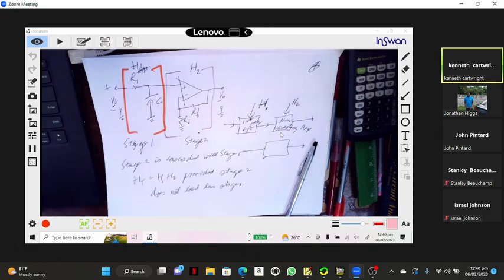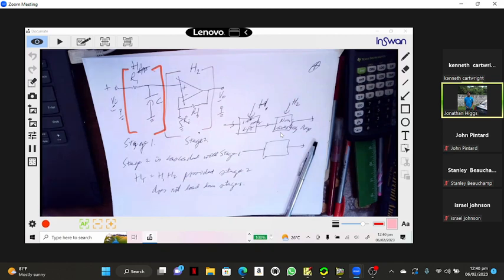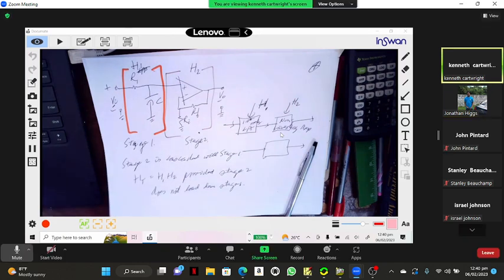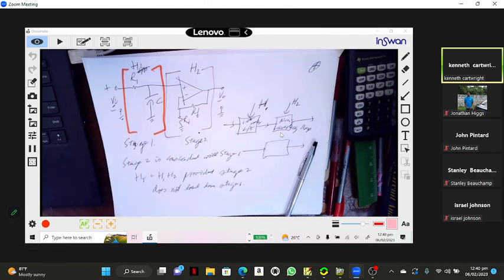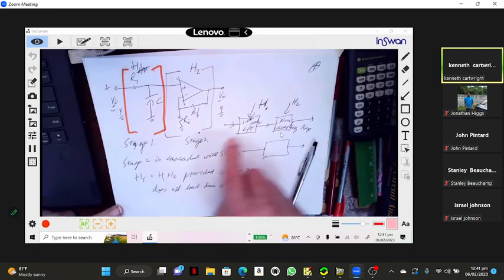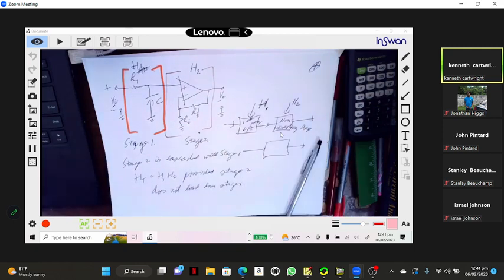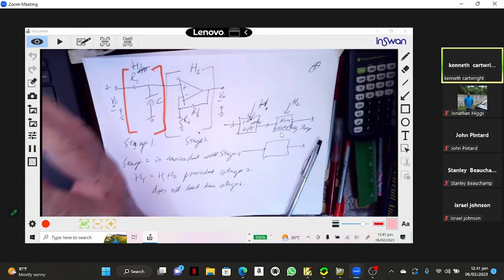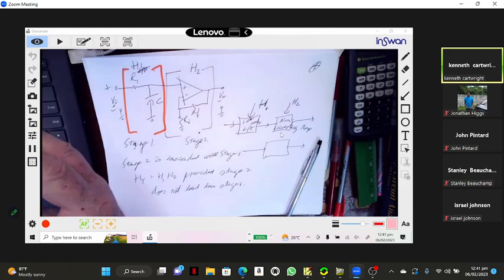G1, not J. G. Okay, sounded like J. So yeah, some books use G. H1 times H2. And that's called a forward transfer function. I wish y'all could see the beauty of all this and how it's all interconnected.